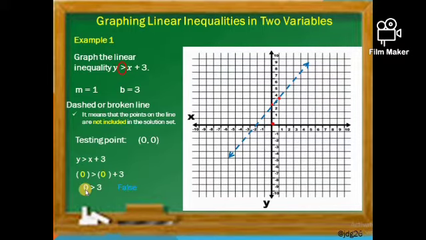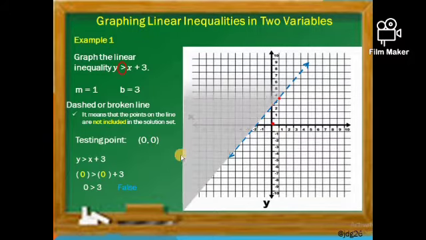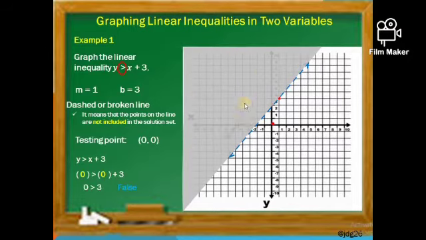Siyempre, mas maliit si 0 kaysa sa 3. So, dito sa statement na to, it is false. So, it means, ang kailangan nating lagyan ng shade ay yung part kung saan hindi natin makikita ang point na 0, 0. Ito yung point na 0, 0. Therefore, ang kailangan nating i-shade ay itong kabilang part. And this is now the solution of the given inequality.